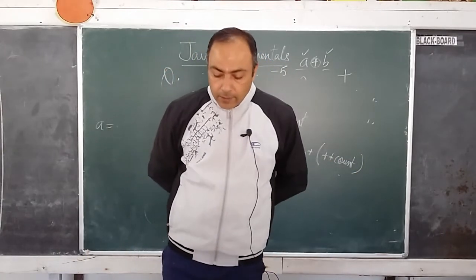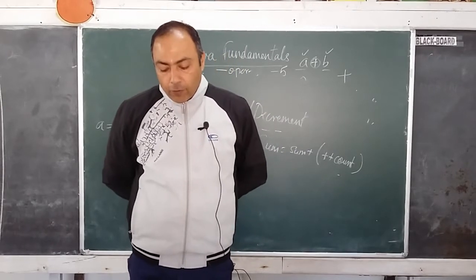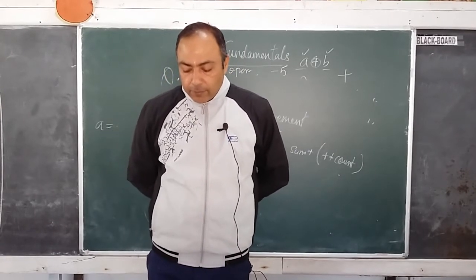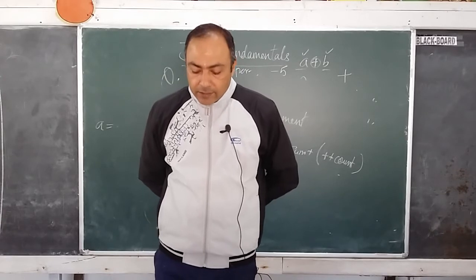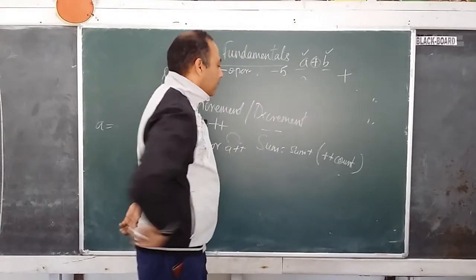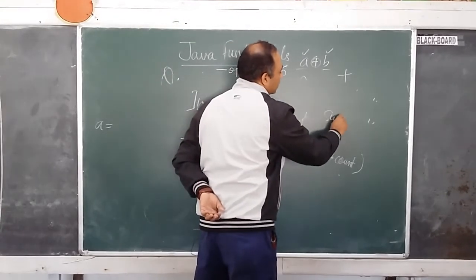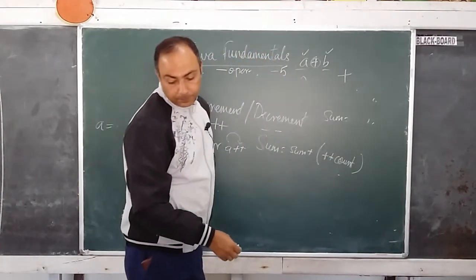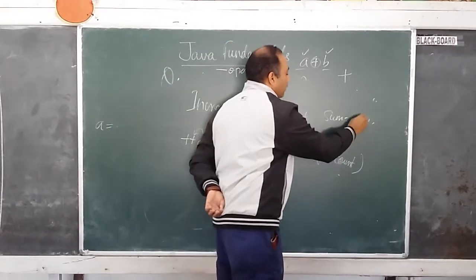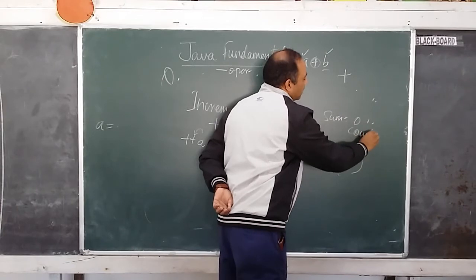How does it work? It will take place in the following fashion, assuming that the initial values of sum and count are 0 and 10. So suppose the initial value of sum is 0 and count is 10.